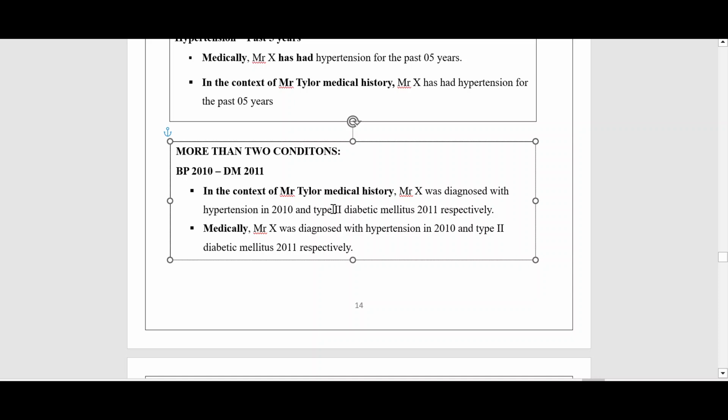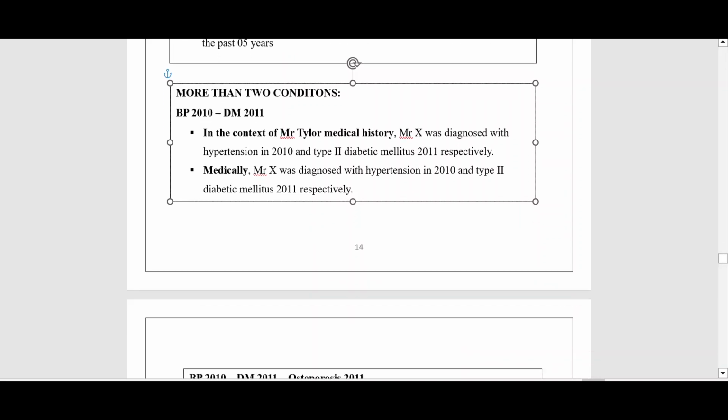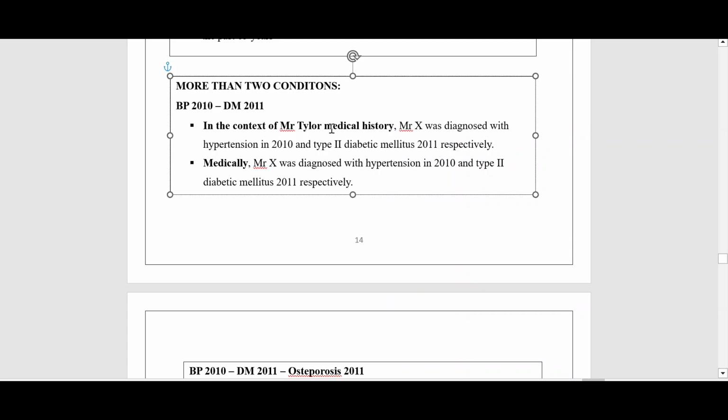We have mentioned the type 2 diabetes mellitus with 2011, so the year and the disease are together, right? Sometimes we write the year separately and the diseases all together. In that case, if respectively is there, you need to put the comma, okay. But now there is no need to put the comma. I will show you anyway. If 2 disease conditions are there, then you can mention Mr. X was diagnosed with hypertension in 2010 and type 2 diabetes mellitus in 2011, okay.